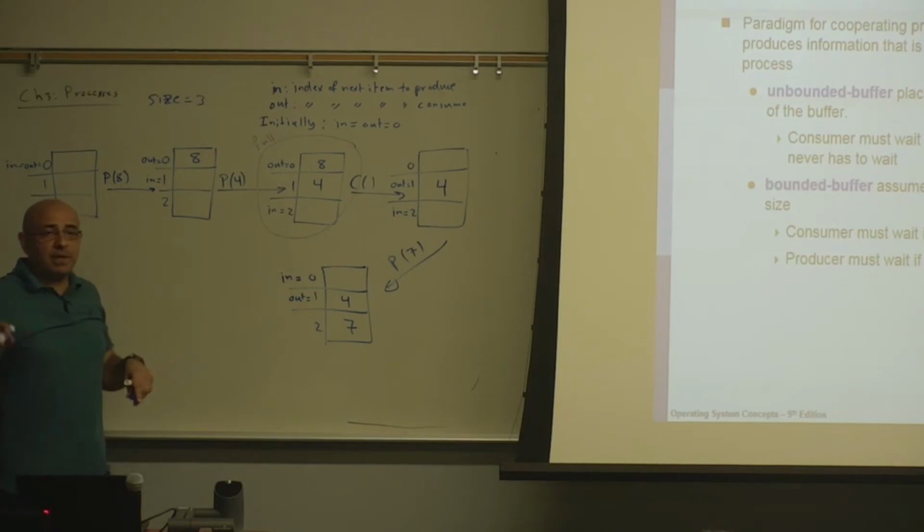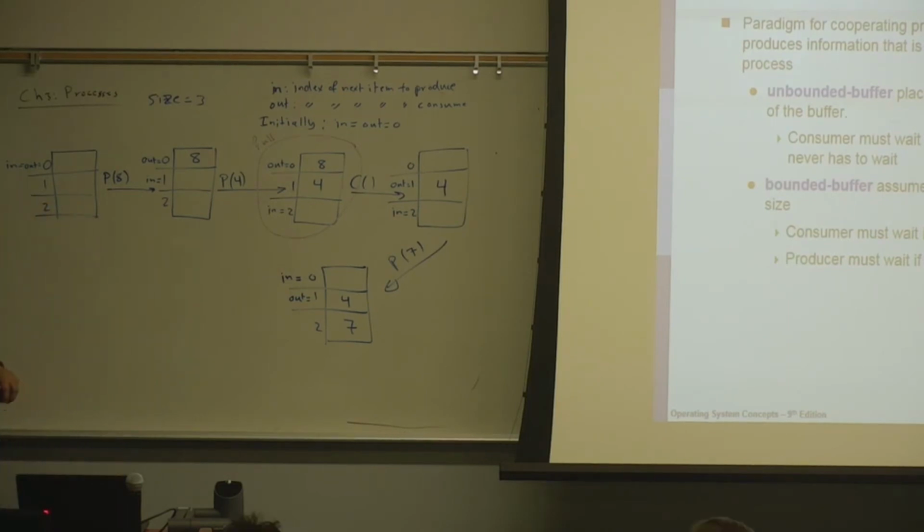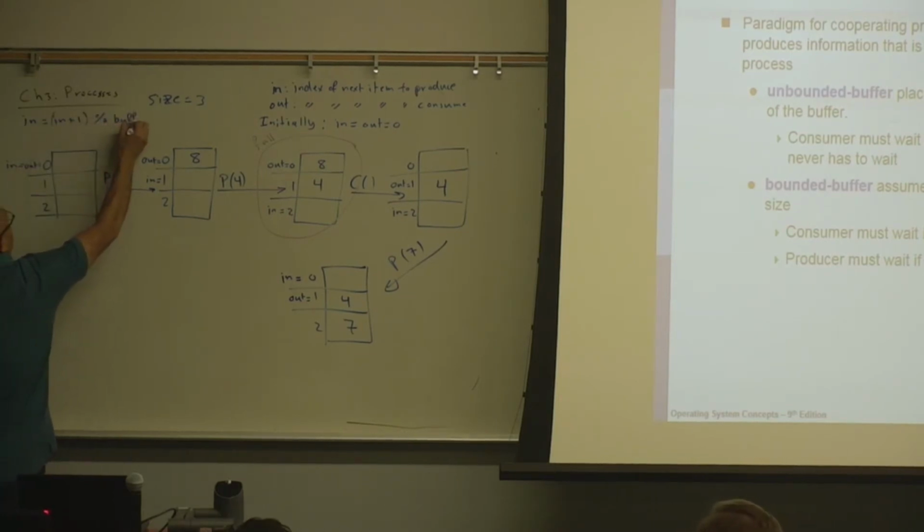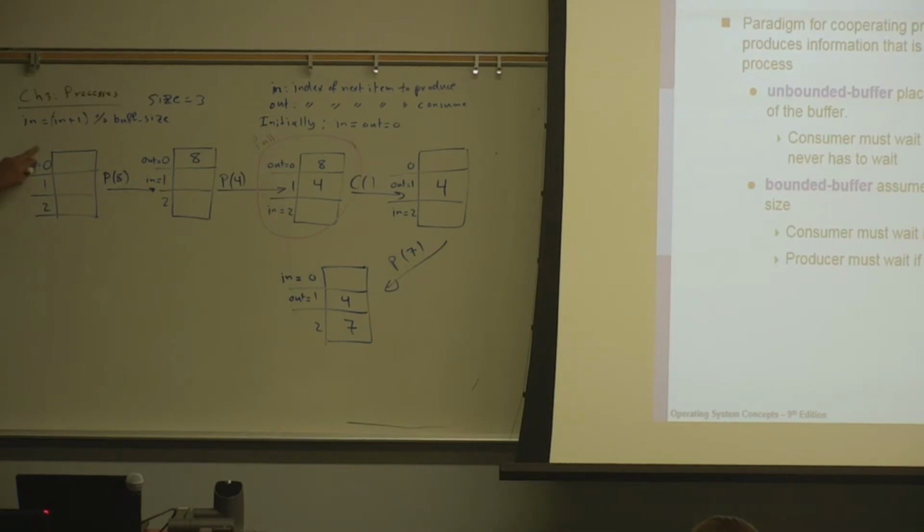When we increment these indices, we're going to increment them in a circular manner: in equals in plus 1 mod buffer size. And same for out. They will both be incremented in a circular manner using the mod operation.